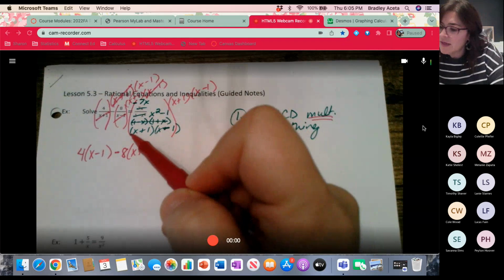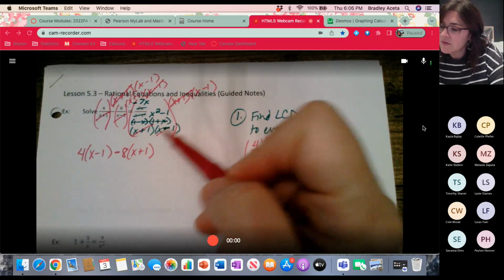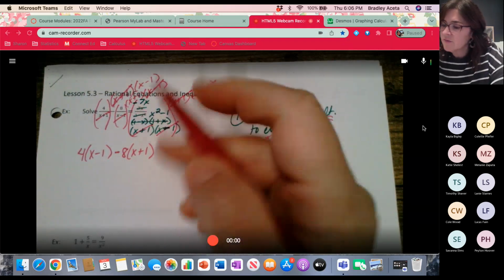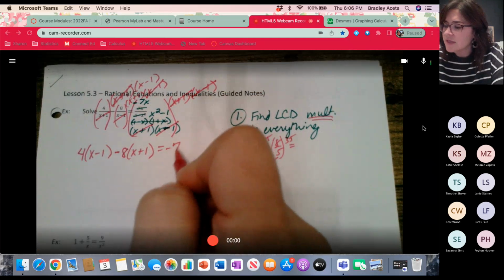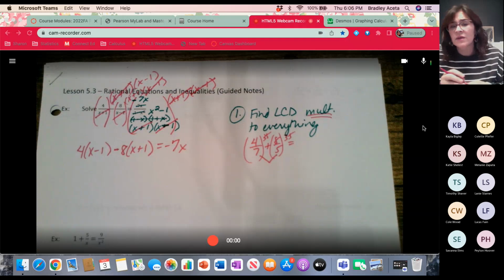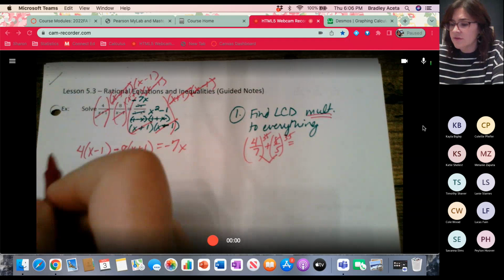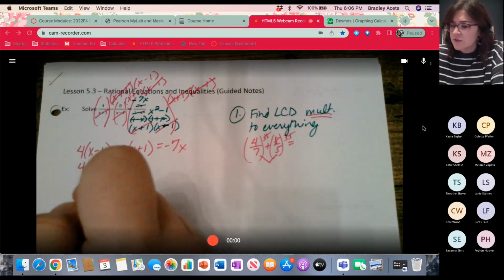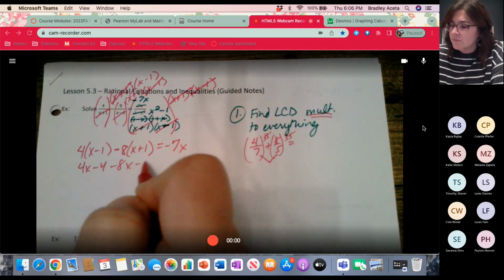And then this side, the x plus 1 cancel, the x minus 1 cancel, and you're just left with that negative 7x, which we had changed it to. And now this becomes an equation without fractions. So it's just so much nicer and easier to solve. So we just distribute and solve.